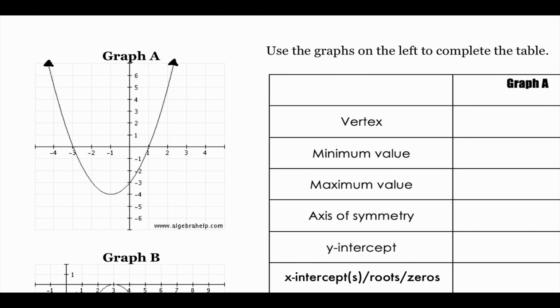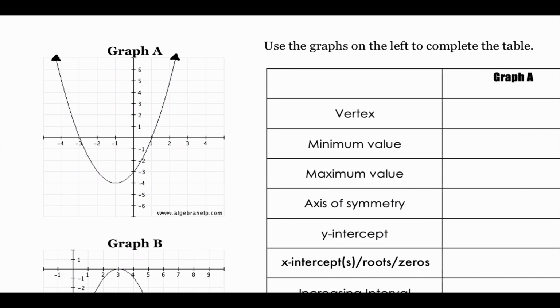Okay, so graph A. We'll start with graph A. Graph A has arrows up. So the first thing I got to do is find the vertex. Well, the vertex, if it has arrows up, is going to be on the very bottom. Right? So let me go find the dot of where that is.